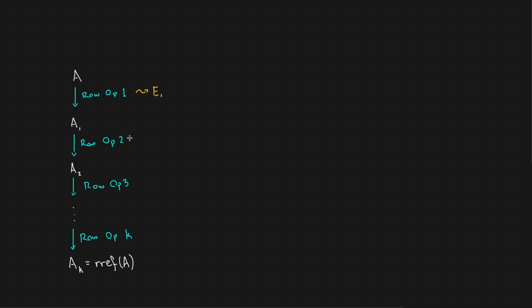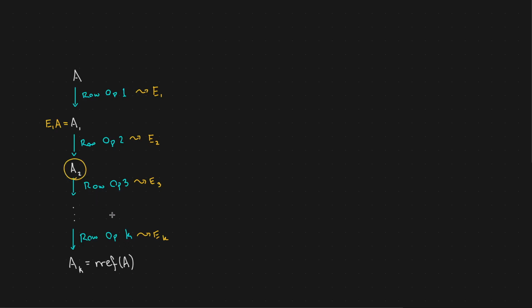Okay, elementary row operation 2 is equivalent to left multiplying by matrix E sub 2, and so on. Then at each step, to get A sub 1, I multiply my original matrix A by elementary matrix E sub 1. So this is going to be equal to E1A.